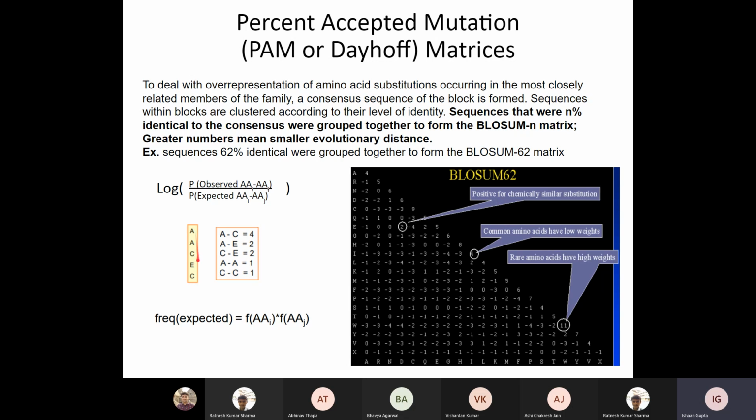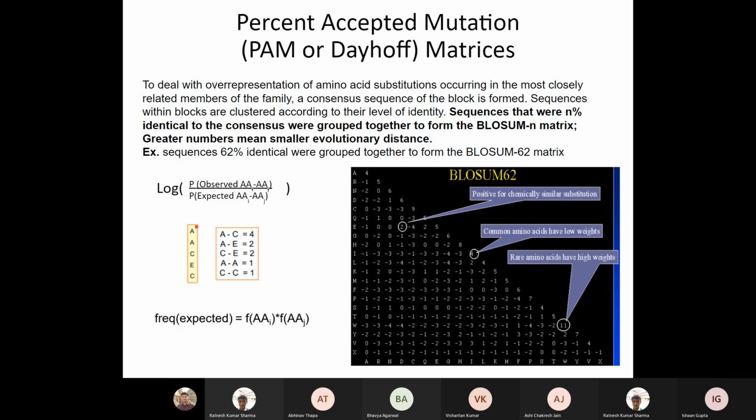What is the consensus at this location? A or C. And how many sequences are equivalent to the consensus? 40%. So this alignment represents a BLOSUM 40 alignment.